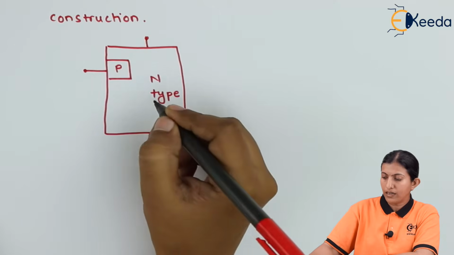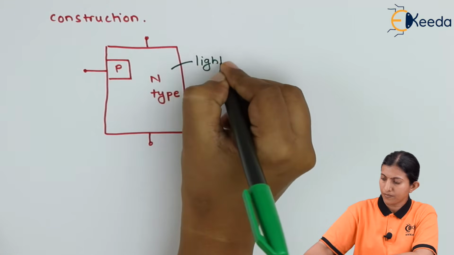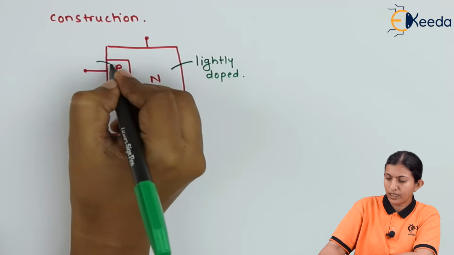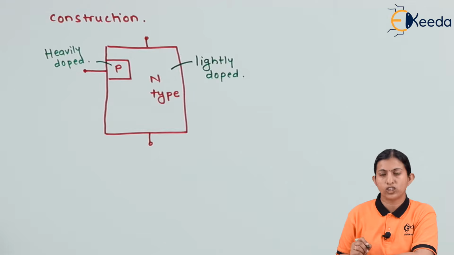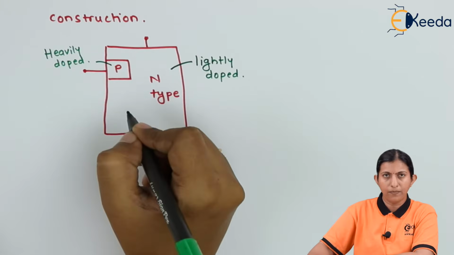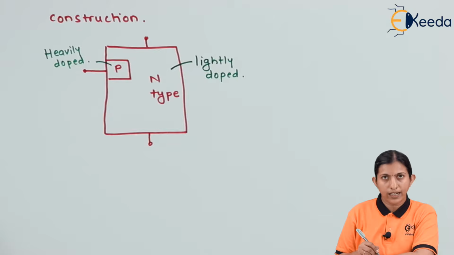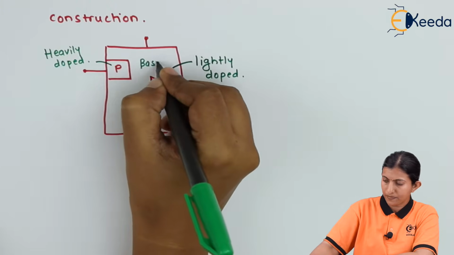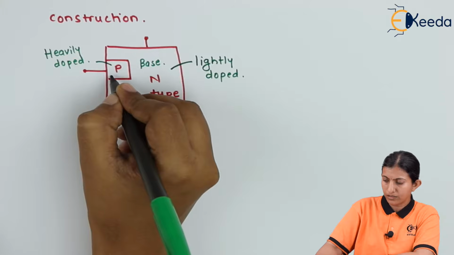This N-type material is usually lightly doped and this P-type material is heavily doped. Means the number of charge carriers is less in N-type and more in P-type material. This region of N-type is called the base region, and this region of P-type is called the emitter region.